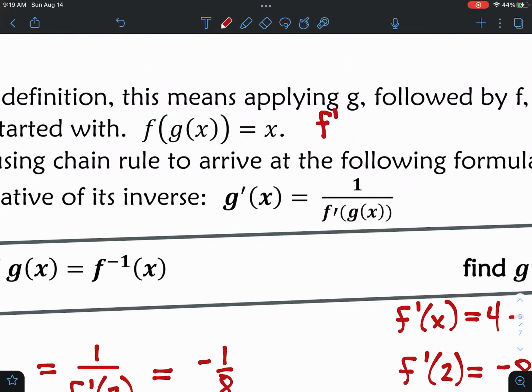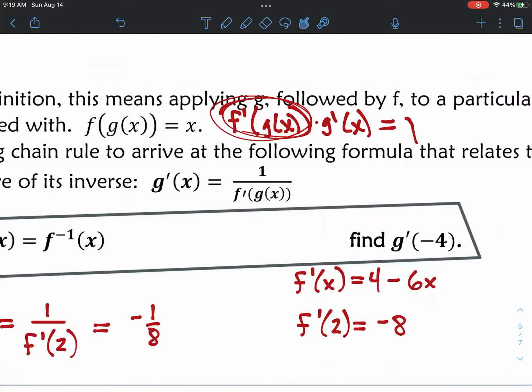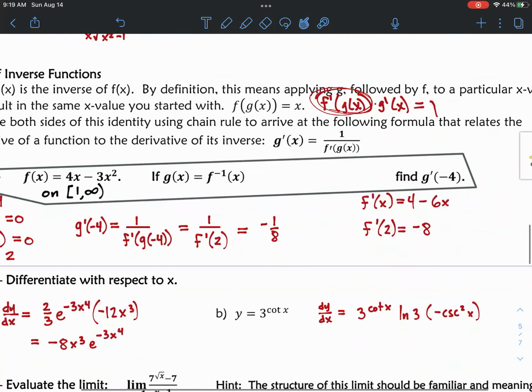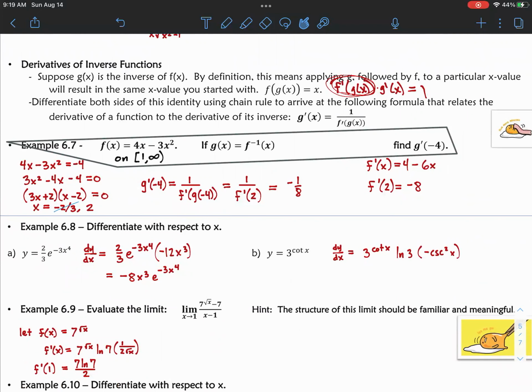Differentiating the left tells me f prime of g of x, then chain rule, we multiply by g prime of x, has to equal the derivative of the right side, which is just 1. If I then divide this part over to the right side, I have exactly the formula that we see directly below. That says g prime is equal to 1 over f prime of g of x, where f and g are inverses.